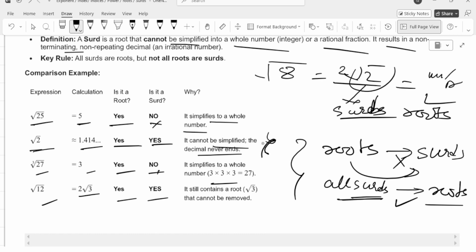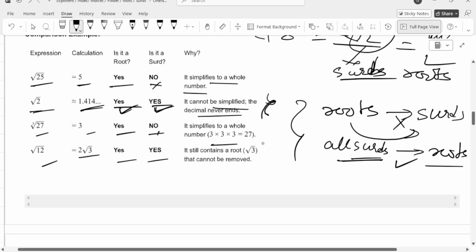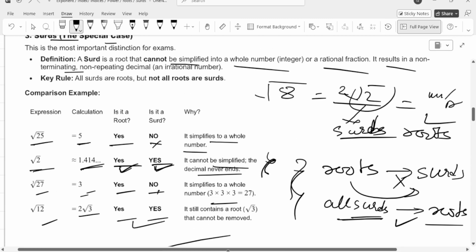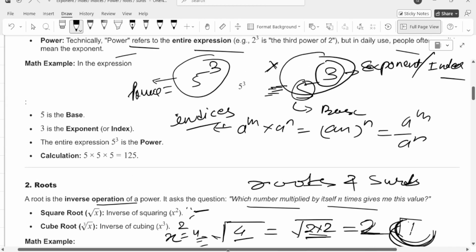For example, root 2 is 1.414; it is a root form, yes, and it is a surd. Here we can clearly show root 2 is a surd and it is a root, since its value is 1.414 and continuing, non-terminating. I hope you understand all this terminology and the difference between them. If you are a math student, you can understand the key difference between all of them.